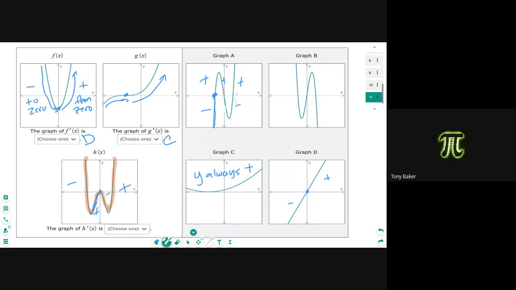So we had our negative, positive, negative, positive. So this one was A. I did another one of those. Probably a good idea.